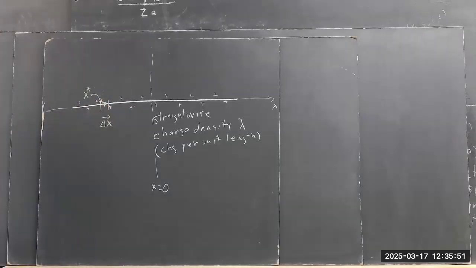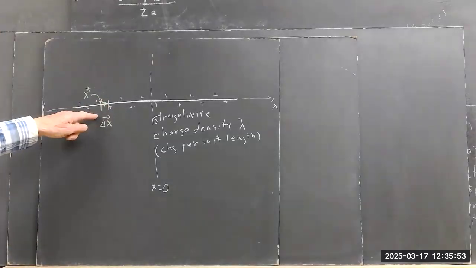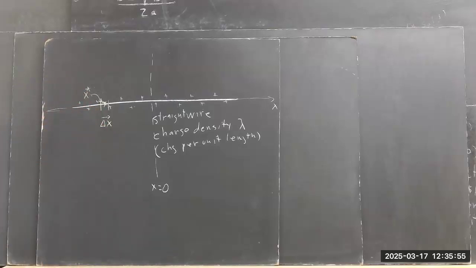It's getting a little smudged there, but we understand we have the delta x interval with an x asterisk in the middle.